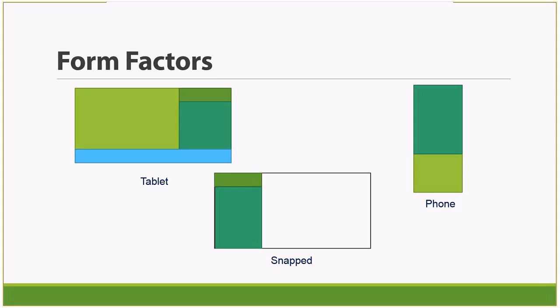But the phone has to always work in that format, so you have to be able to go from one page to another, and it's got different usage scenarios, and so you'll still want to have your components arranged in a slightly different way than even in the snapped view. So having all these different form factors is what makes it necessary to use composable structures in XAML.